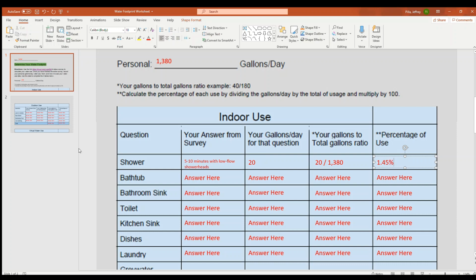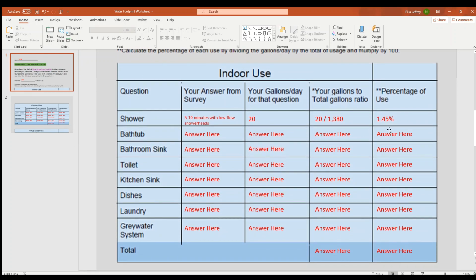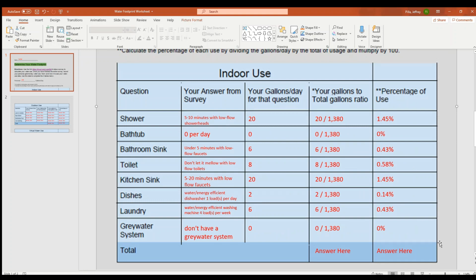So what that means is 1.45% of my water use comes from my showers, okay? So you're going to fill out all of your answers here the same way, okay? I'm just going to skip ahead so that I can show you what to do with the totals down here.